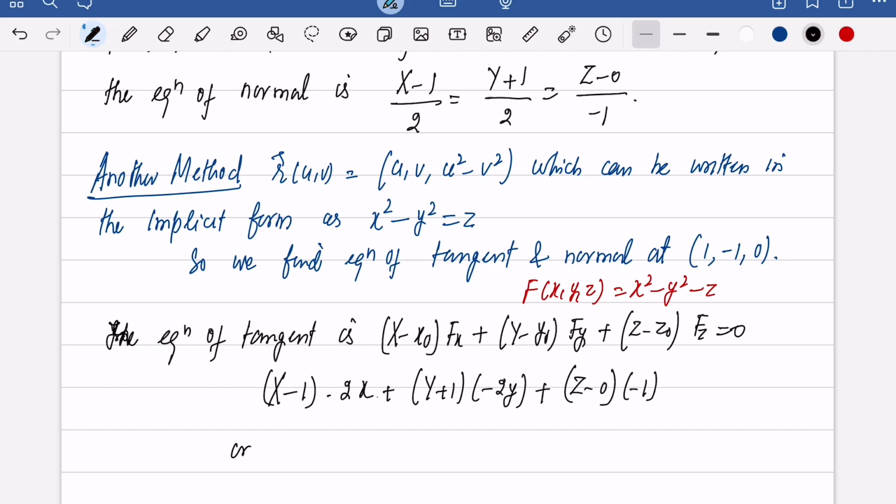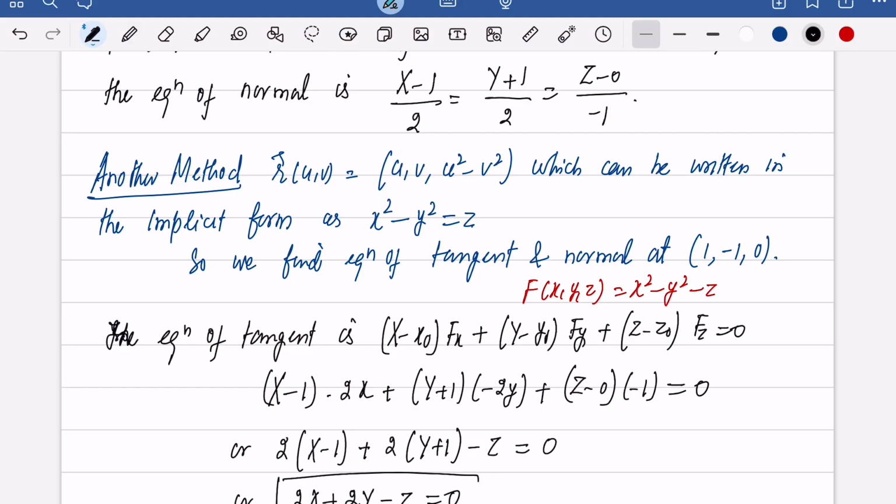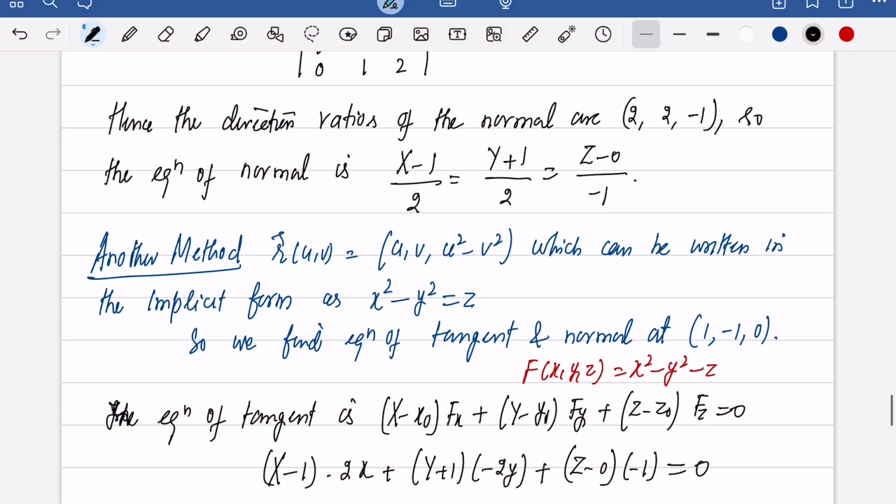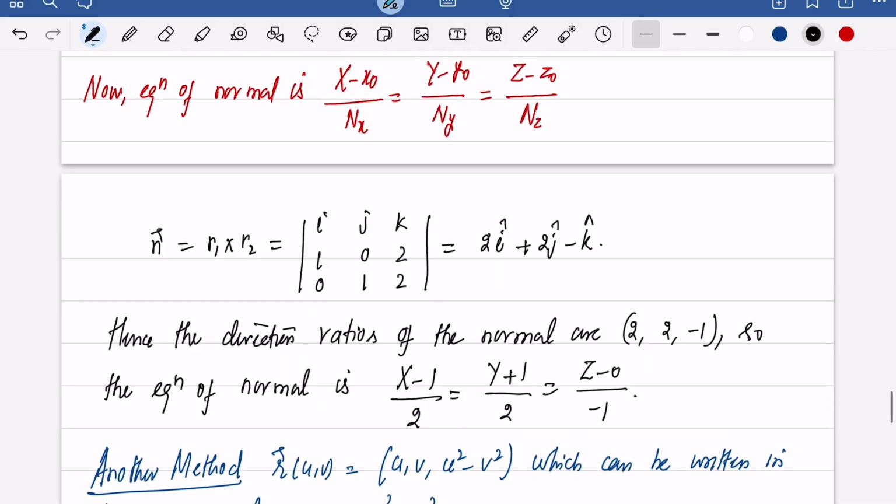Now substituting the value of x, y, z as 1, minus 1 and 0, we get 2(x minus 1) plus 2(y plus 1), then minus z is equal to 0, which gives 2x plus 2y minus z, where minus 2 and plus 2 cancel. So this is again the same equation of a tangent that we had obtained in the previous case.